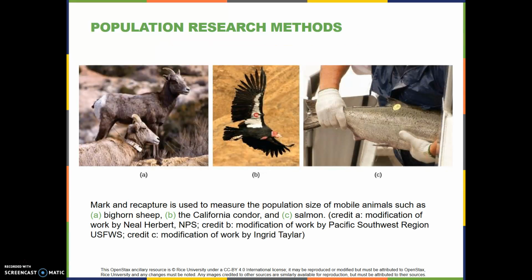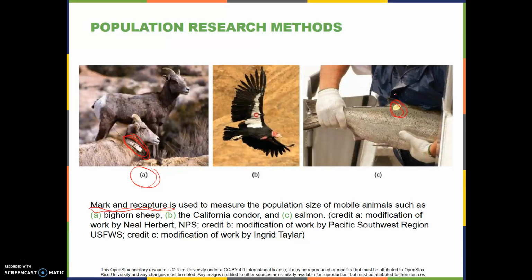These are pictures of animals that have been researched using the mark and recapture method. A is the bighorn sheep. You can see this one has been marked. B is the California condor, and C is a salmon. You can see the marking.